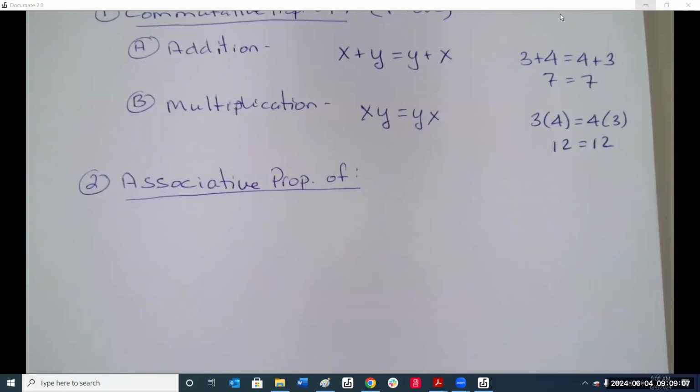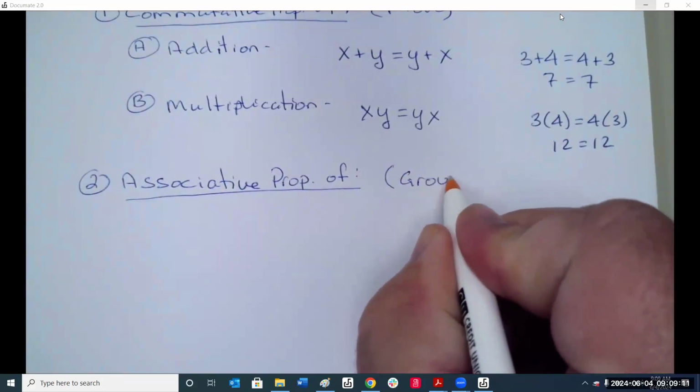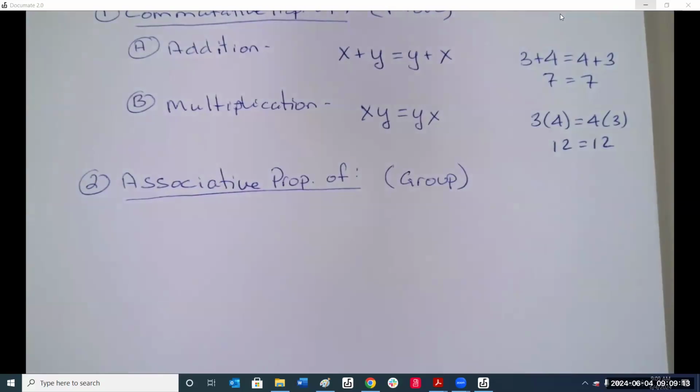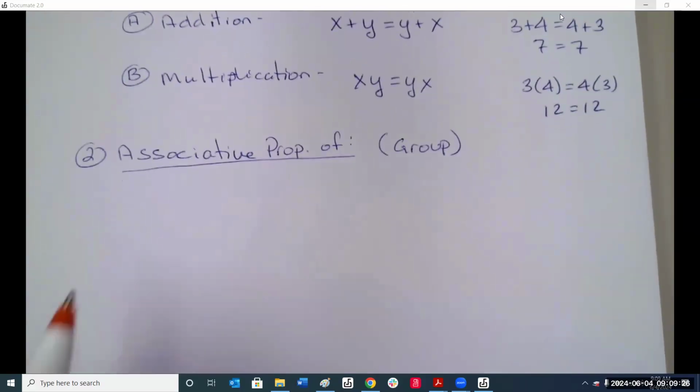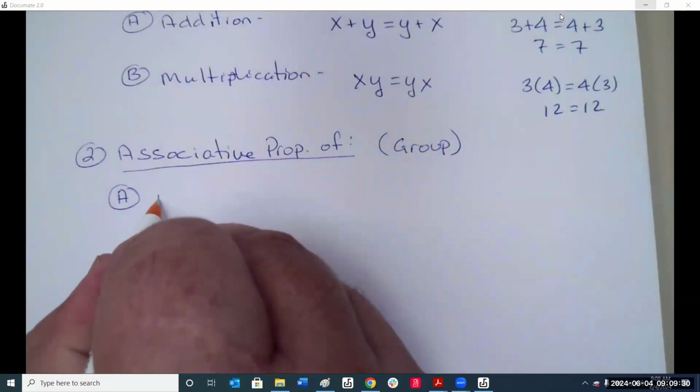When you associate with your friends, what you have just done is form a group. An association is a group of people or a group of companies or a group of entities of some sort. Again, we have multiple of them, for addition.